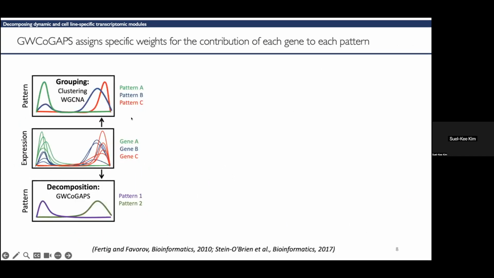Here is shown how gene expression data can be defined by GWCoGAPS analysis. In a conventional clustering analysis, the gene expression pattern of these 3 genes shown in the middle would be defined by 3 patterns, and each gene's expression would be explained by only one pattern. By GWCoGAPS analysis, this gene expression data can be defined by 2 patterns, and this method can assign a contribution value of all the genes for each pattern.